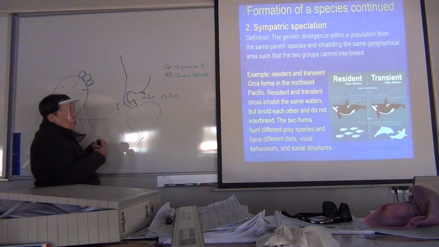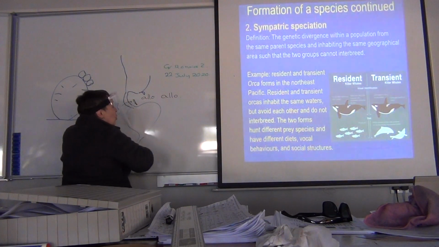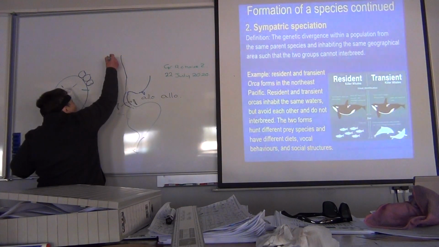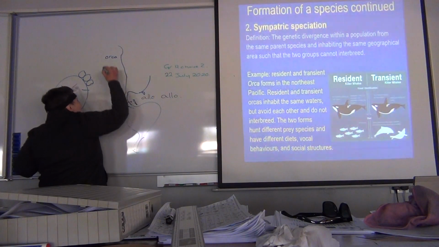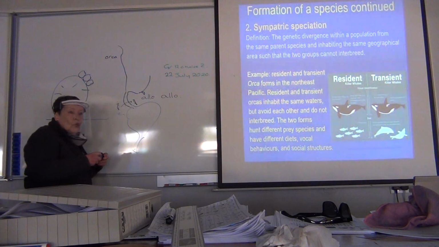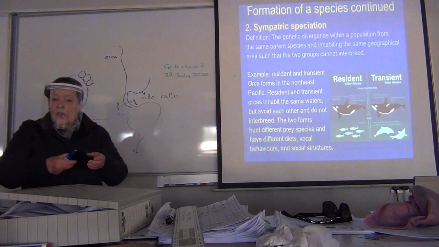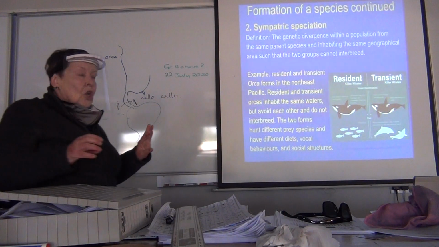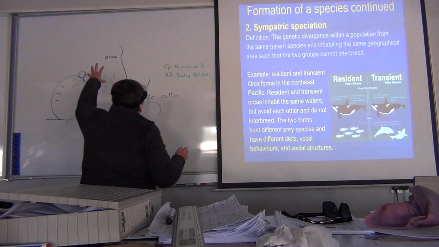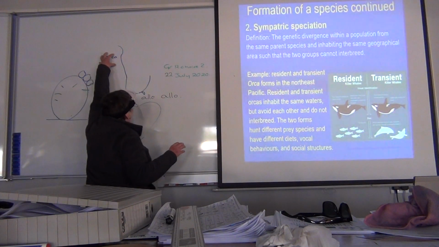Okay, so looking at the orcas, these two particular groups live in Alaska, in this area. And there are two different groups of orca whales. There are residents and there are transients. The resident orca whales live there all year round.